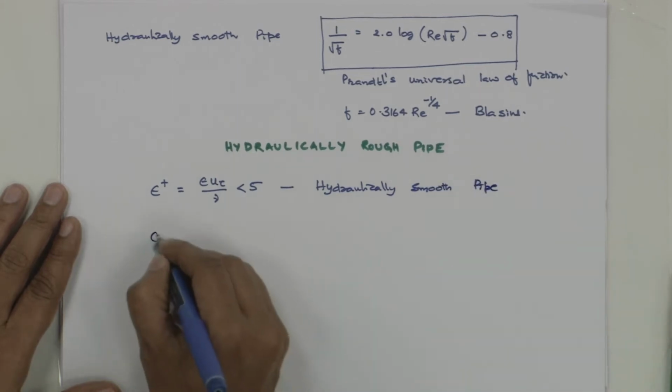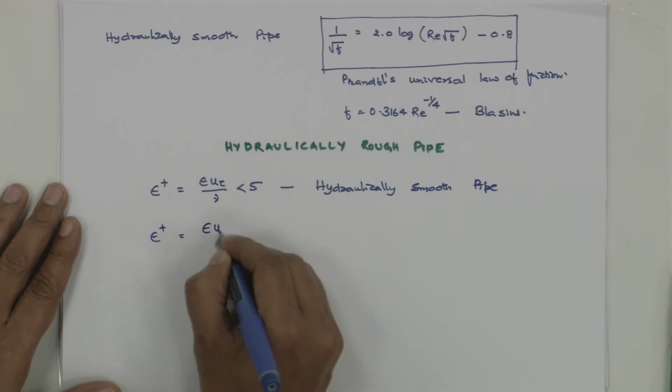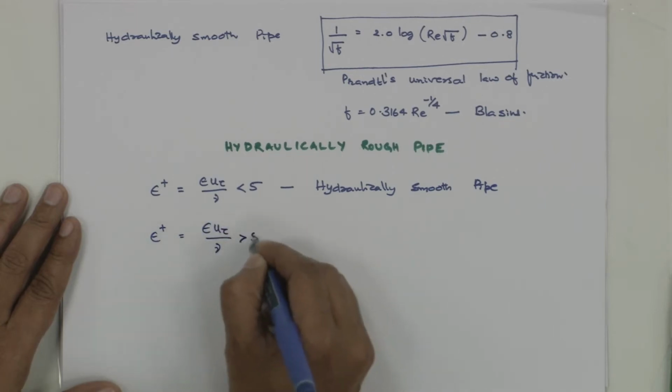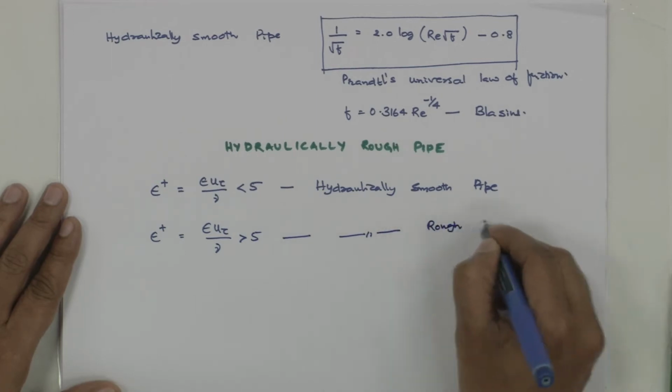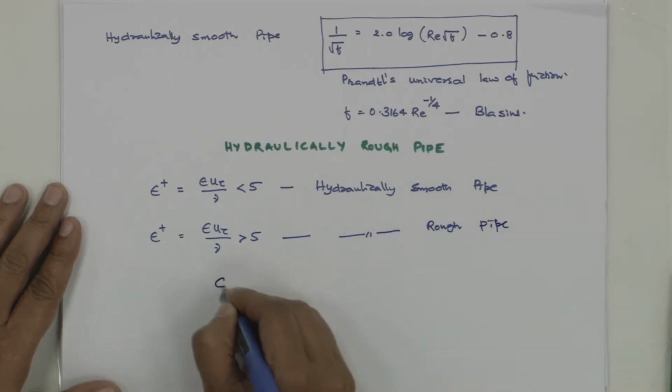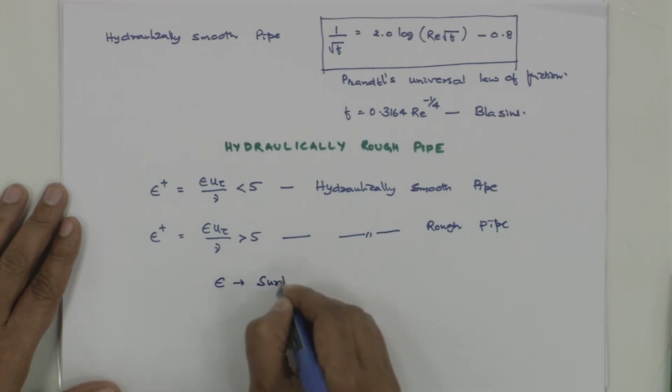And if epsilon plus, that is epsilon U tau by nu, is greater than 5, then it is called a hydraulically rough pipe, where epsilon is surface roughness.